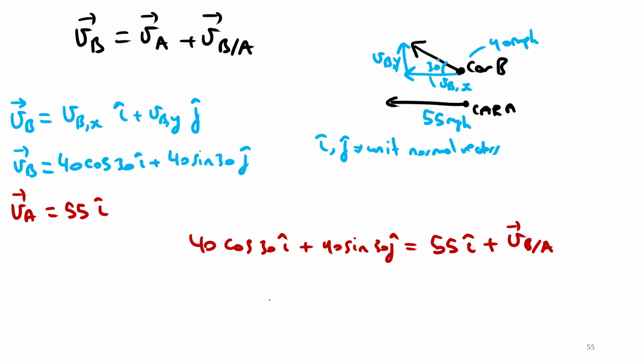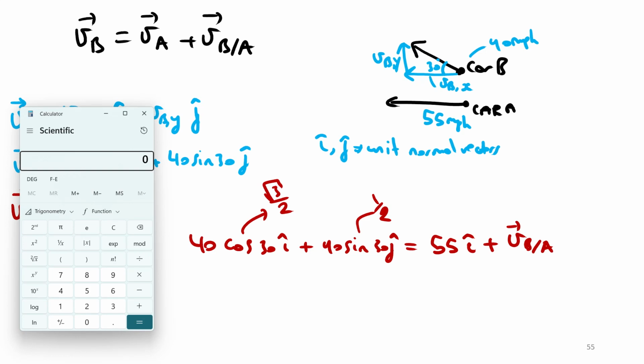And then if you solve it, let's solve the first part here. Cosine 30 is square root of 3 over 2, and sine 30 is half. If you use your calculator, the square root of 3 is 1.7, divided by 2 is 0.86, times 40 is 34.6.